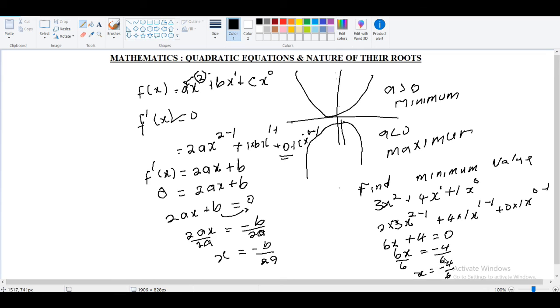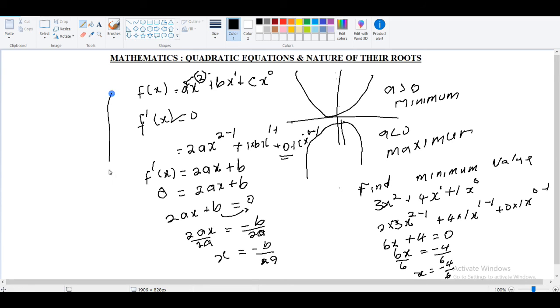Now look, we will do the same question, just using this expression. You did not have to do everything that we did here. You can simply use x equals minus b over 2a.